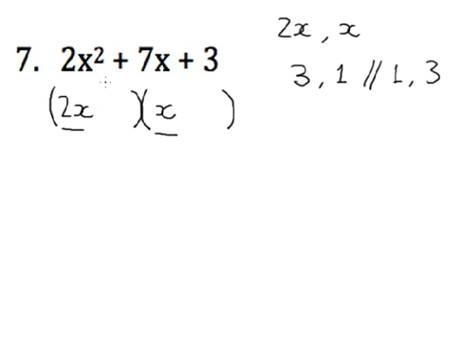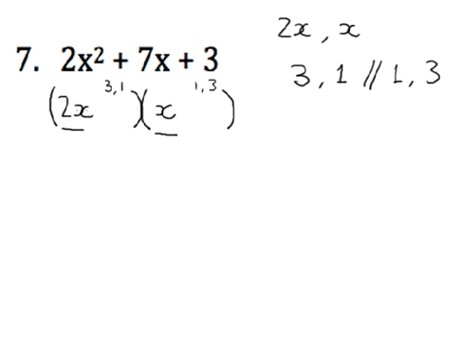I could kind of pencil 3, 1 up here and 1, 3 up here. And I know that if it's the first one in this combination, it must be the first one for this one here. So let's just have a look. Without going to a more formal method for this one, let's just see if we can figure it out.